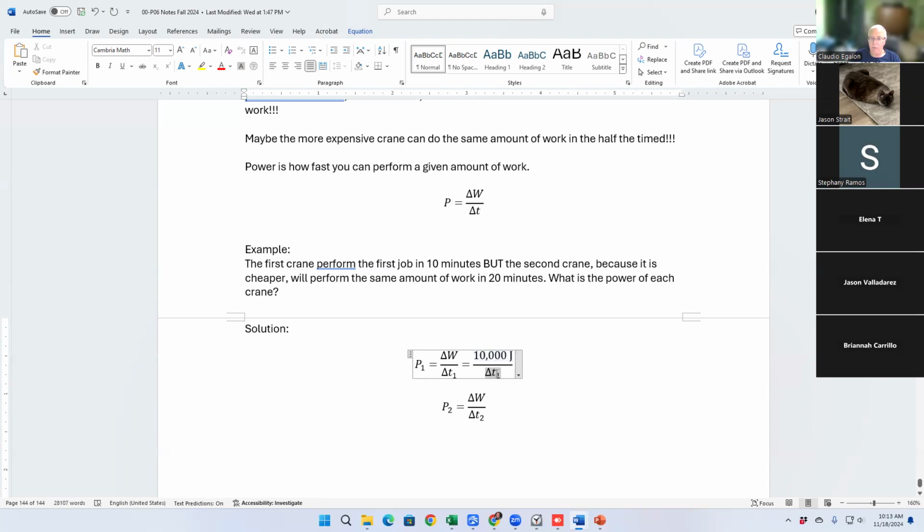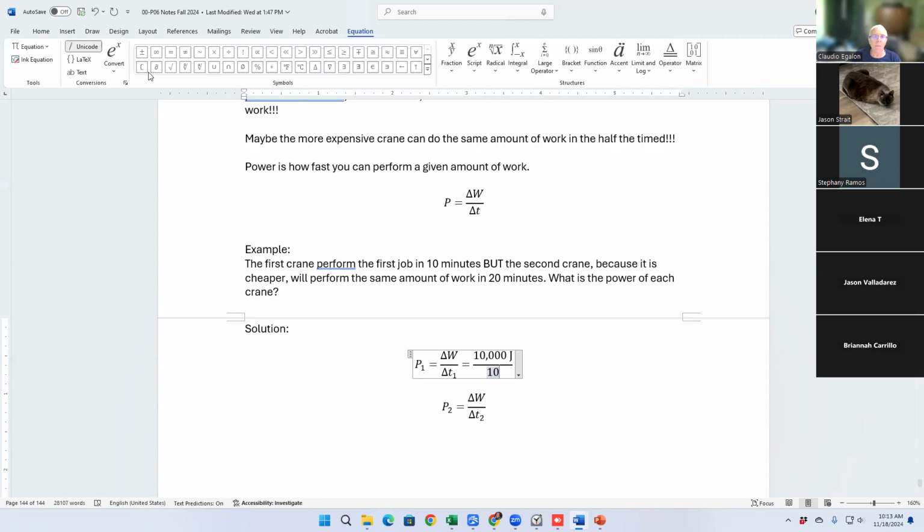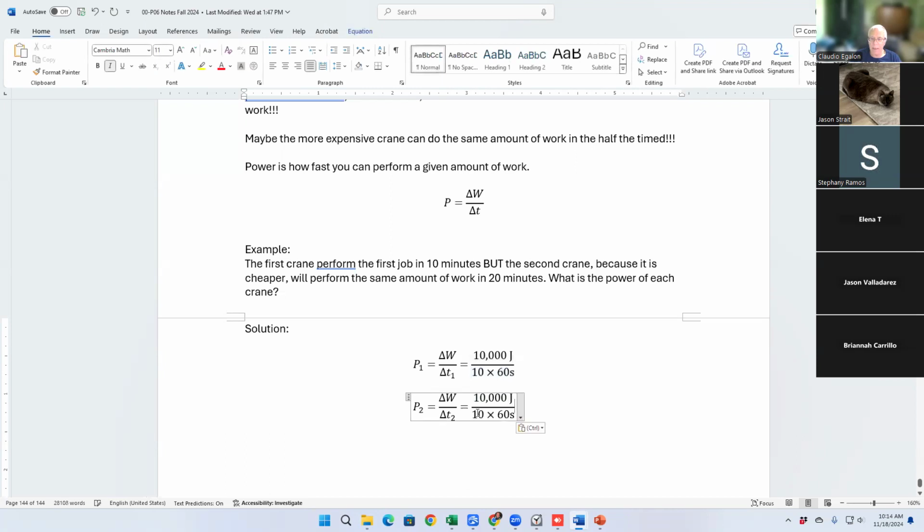And the amount of time, I said it's 10 minutes times 60 seconds. The other one is going to be not 10 minutes, but 20 minutes times 60 seconds.